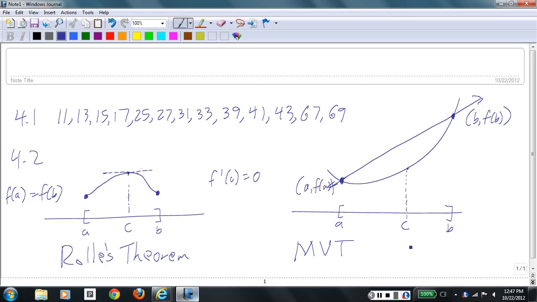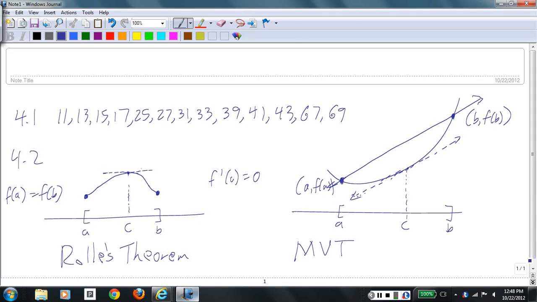Don't know how to find it, but we can show that it exists such that the slope of the tangent line to the graph at that point is the same as the slope of that secant line. And it turns out to be surprisingly useful in proofs of theorems that we look at for increasing and decreasing, as well as some that we'll look at when we look at integral calculus, the mean value theorem.